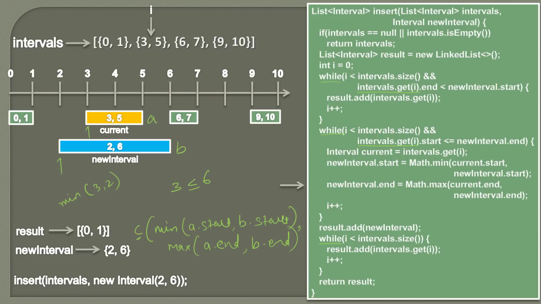Current dot end is 5 and new interval's end is 6, so the max is 6, which is assigned to new interval dot end. So the new interval's end doesn't get changed because it is already 6. So we have merged these two intervals and the resulting interval is the same 2,6, because this new interval completely overlapped the current interval.